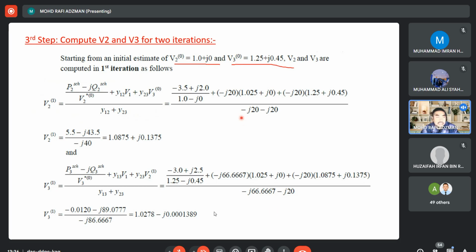Siapa boleh teka? Ataupun siapa boleh jawab? Nilai apa kita nak pakai untuk V2 0 and V3 0 if in the question it didn't give the initial value. It didn't state anything regarding the initial value for V2 and V3. So kita nak pakai nilai apa? Ada siapa-siapa nak cuba?